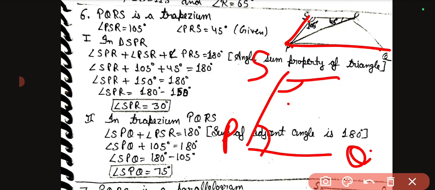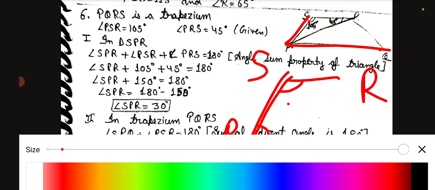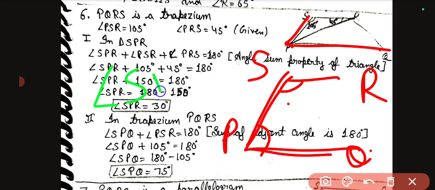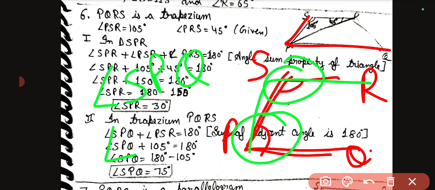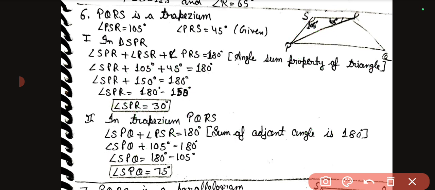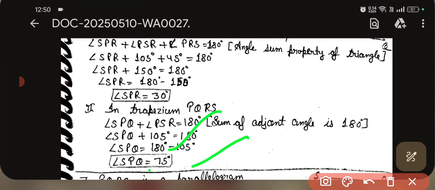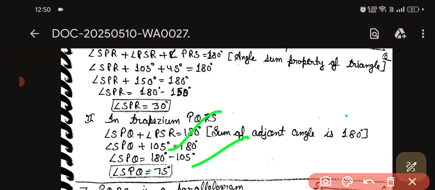So angle SPQ plus angle PSR. We don't know the value of SPQ, we have to find it. What is the value of PSR? The PSR value is 105 degrees. So by using this value, 180 minus 105, you get the value 75 here. Clear?